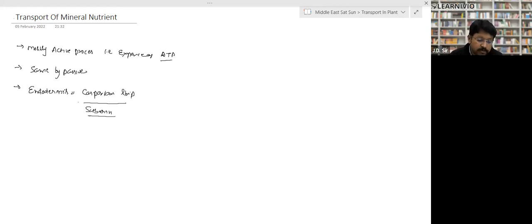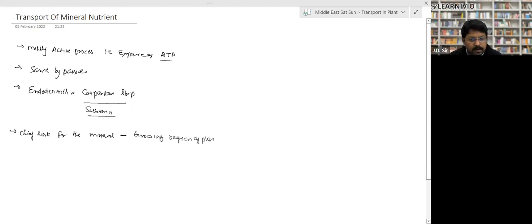The chief sink for the mineral elements are growing regions of plant, like meristematic zones, apical and lateral meristem, right?